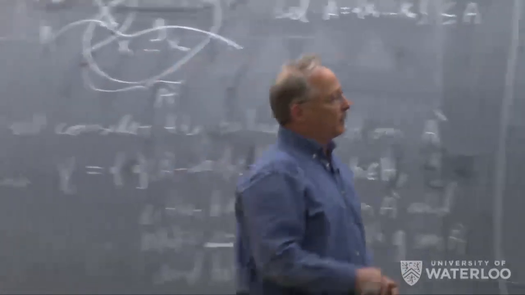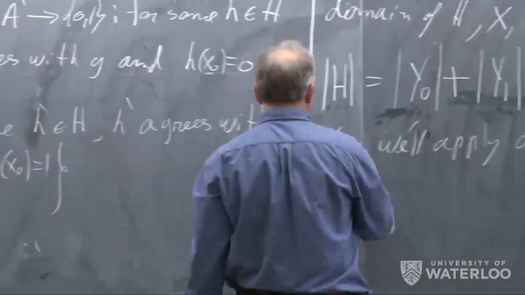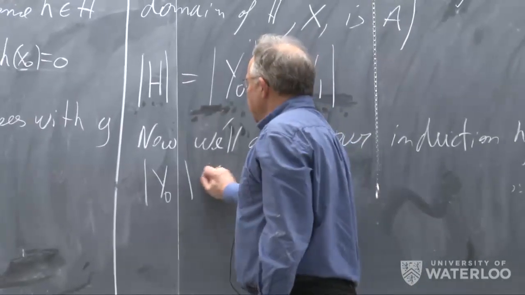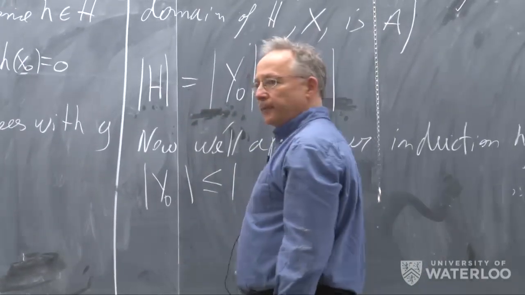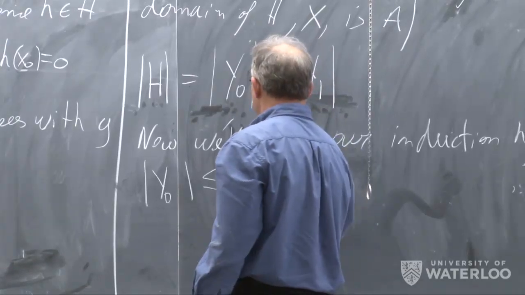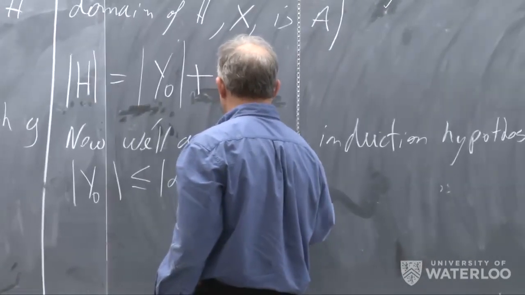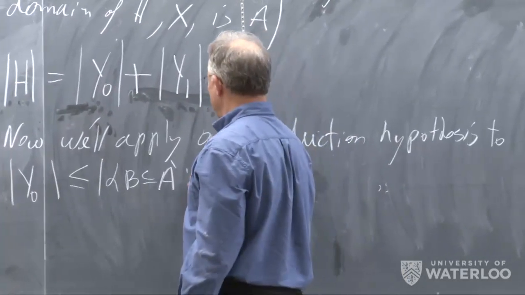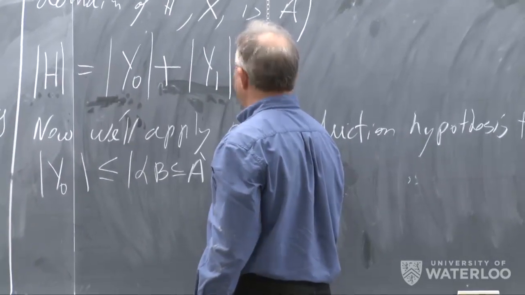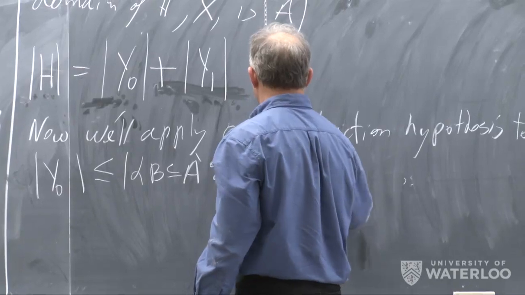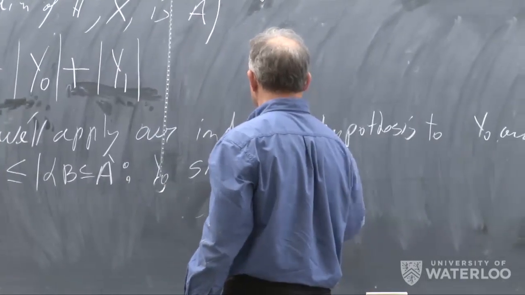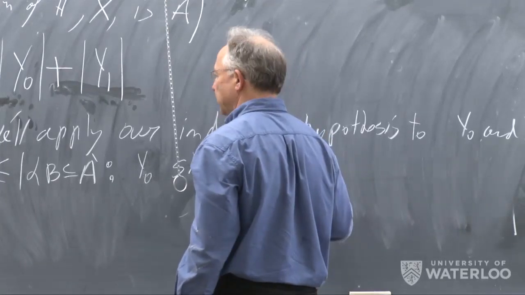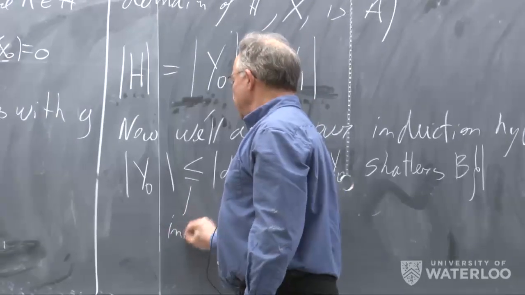Okay? So I know that Y0, by the induction hypothesis, the size of Y0, the number of behaviors of Y0, is at most the number of sets B subsets of A prime such that Y0 shatters B. This is the induction hypothesis.